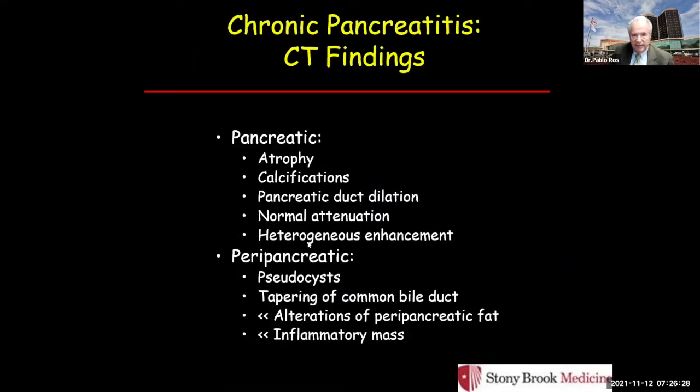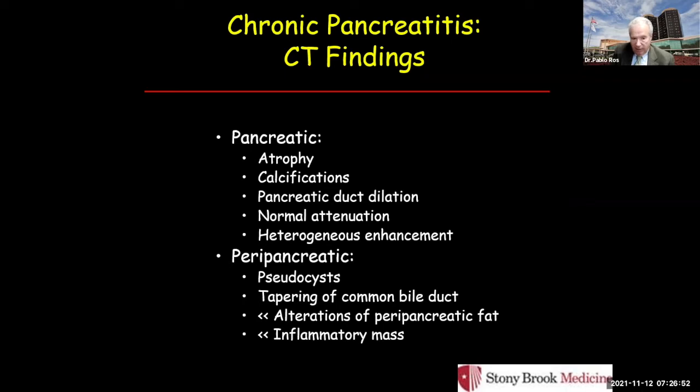So the CT findings now, we've finished with acute pancreatitis. Let's talk about chronic pancreatitis. The findings are well known to the majority of people. In the pancreatic parenchyma, you look for atrophy, calcifications, and pancreatic duct dilatation. You also look for normal or abnormal attenuation and for areas of heterogeneous enhancement.